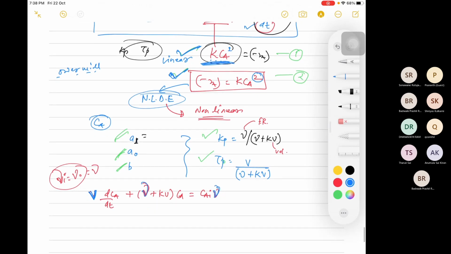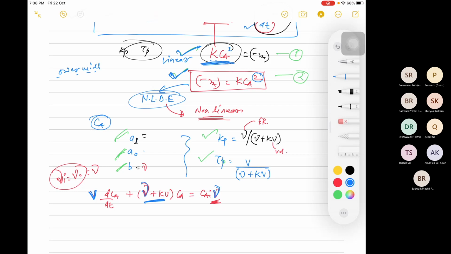So are you guys getting this? What is your B? B is the coefficient of the inlet input. The coefficient of the input is nu, right? Did everyone get it?